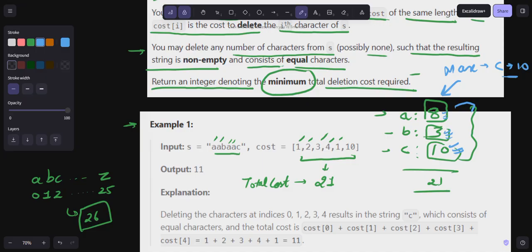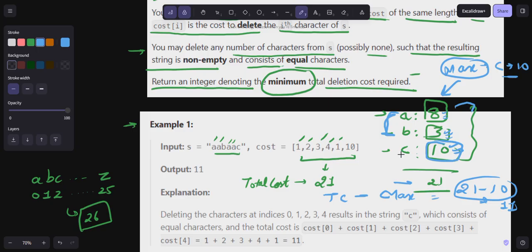So if I don't want to delete c, and I want to delete others, this is my total cost, and among this I minus c. c is nothing but this max value. So what am I going to get? I'm going to get 21 minus 10, so this is nothing but 11. So what does this mean?